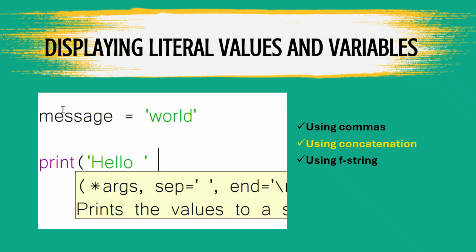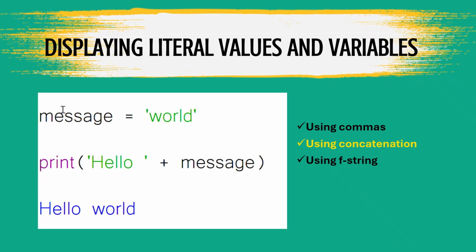Otherwise, all the text will be joined together as one word. It's also important to remember that concatenation only works with strings. If one of the values is a number, Python will produce an error unless you first convert that number into a string. We will learn how to do that later in the course.